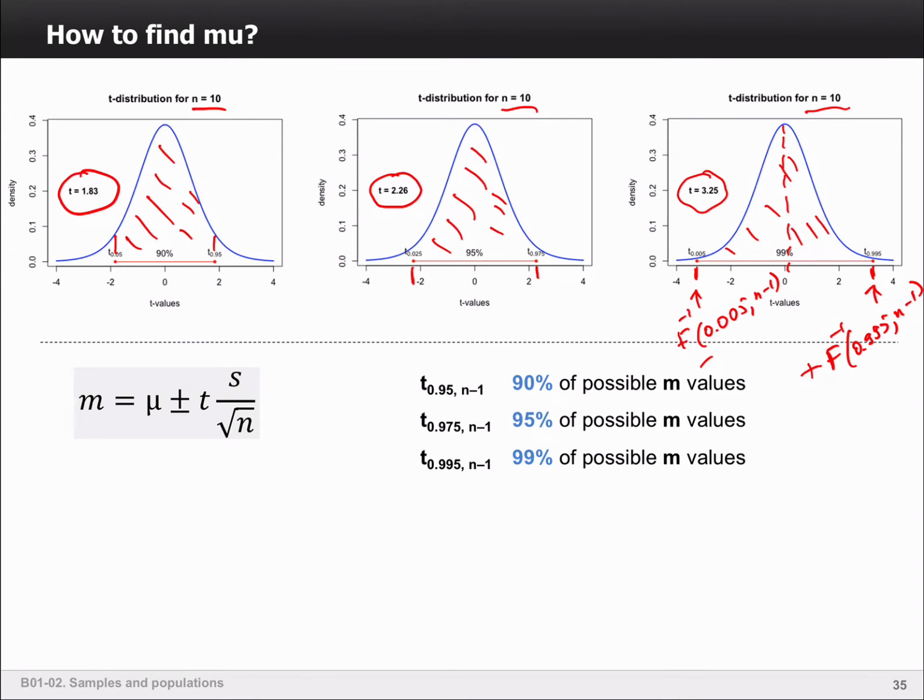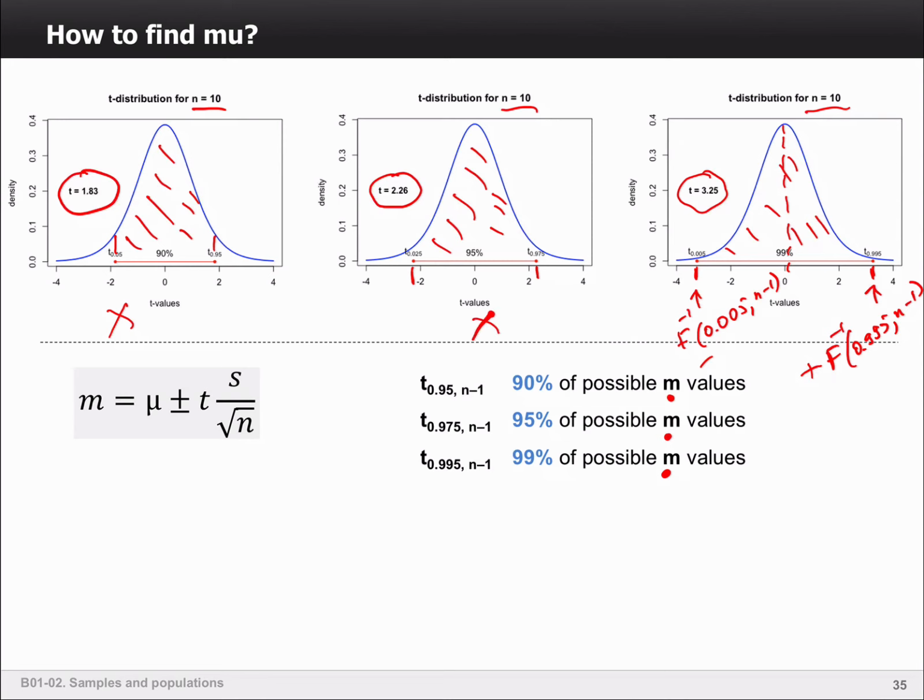Okay, so now what's the idea? The idea is the following. These three t-values give you 90% of possible m values, 95% of possible m values, and 99% of possible m values. What does it mean? It means that if you take this interval, this window, every time you take a sample, you have a 90% chance that the average of your sample will be within this interval.